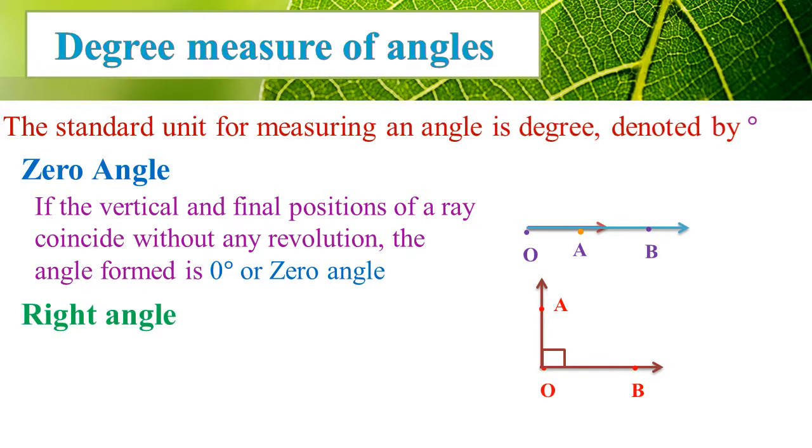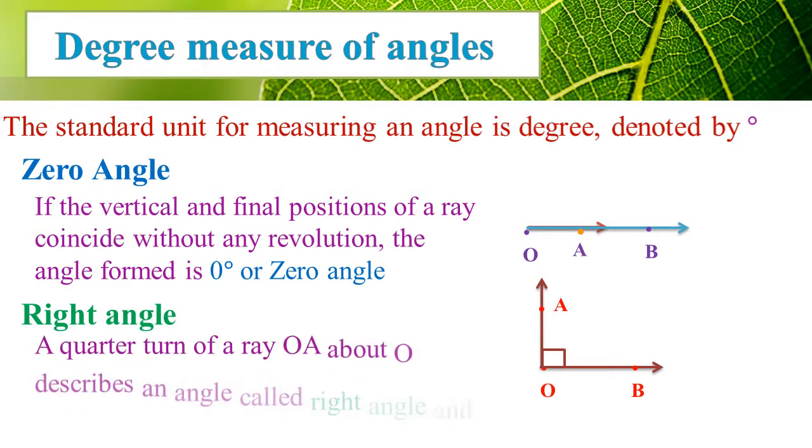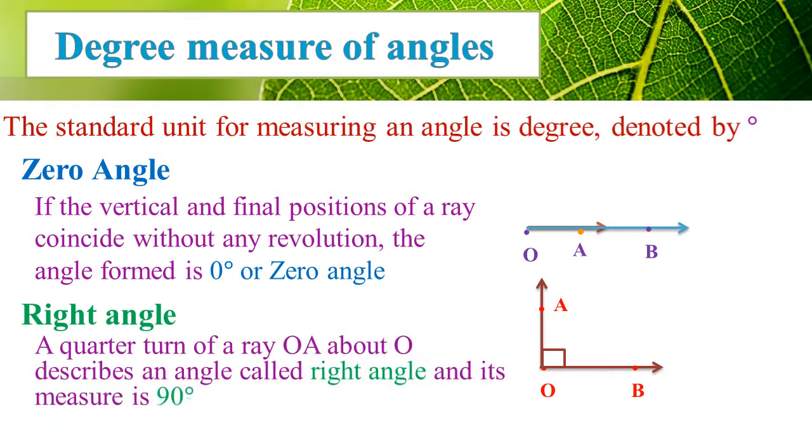Then right angle. Look at this picture. A quarter turn of a ray OA about O describes an angle called a right angle, and its measure is 90 degrees.